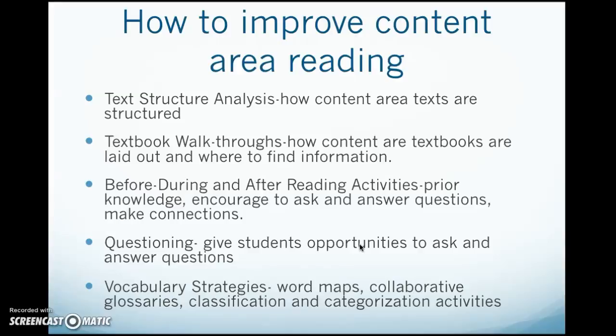And that goes a little bit further than just asking and answering questions, because teachers can also give students the opportunity to talk about how they're feeling about the text that they're reading or what questions they might have about it. Vocabulary strategies: word maps, collaborative glossaries, classification and categorization activities. And we're going to show you a vocabulary strategy as well.